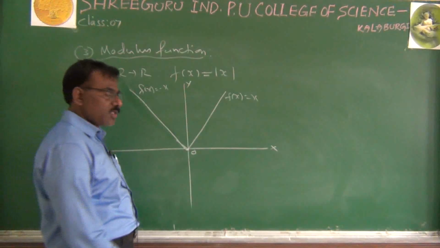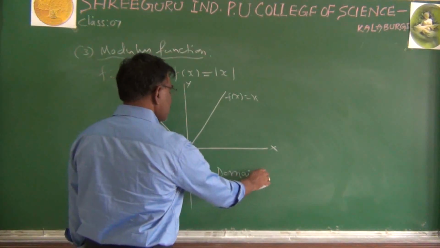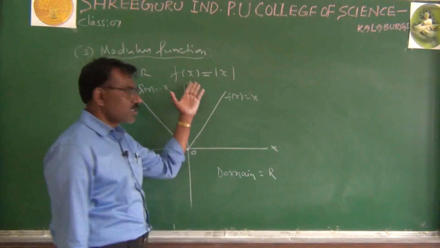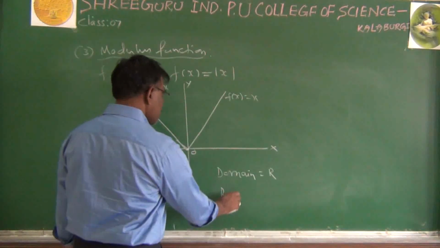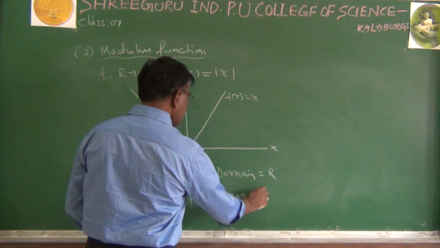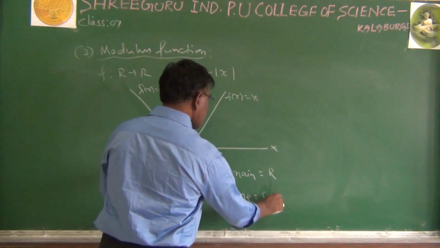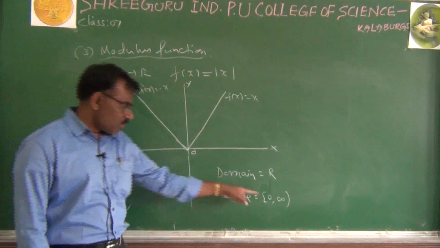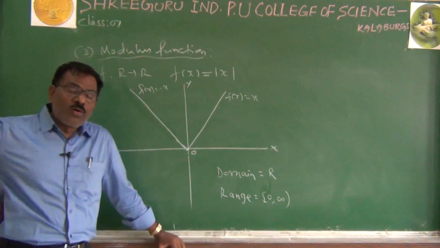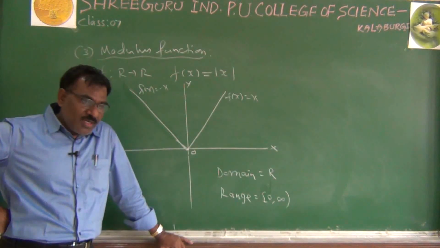But for the modulus function, what is the domain? Domain is equal to R. You are substituting x from the domain. So what is the range? The range is very important. Range includes 0, so 0 is closed and infinity is open. So the range is 0 to infinity. This is interesting, even I am repeating.